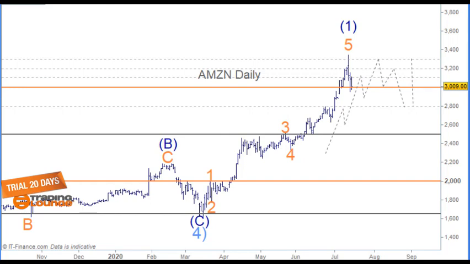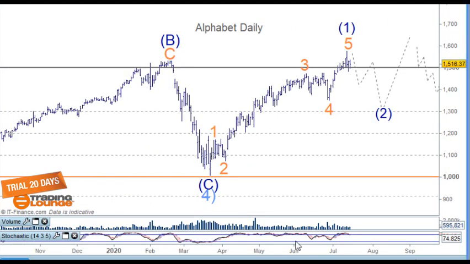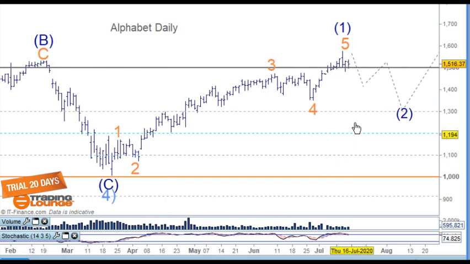And if we look at Google as well, Google's in the same space. It's also got that 5 waves down from the top here. So even though the S&P has done something different, the bigger stocks like this, they're still on their projection of having this particular correction coming into play.